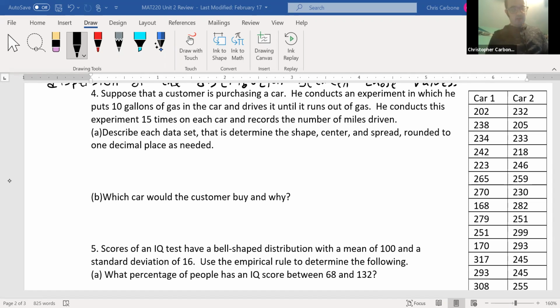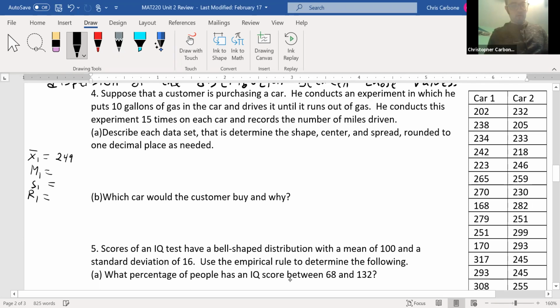Okay, so let me just quickly label each one of these. For our mean for car 1, we had a value of 249.1 miles. For the median, that was 251 miles.